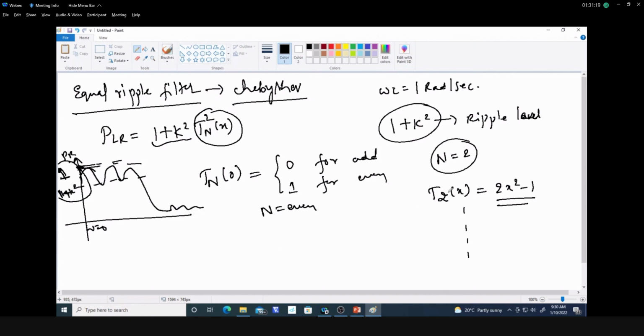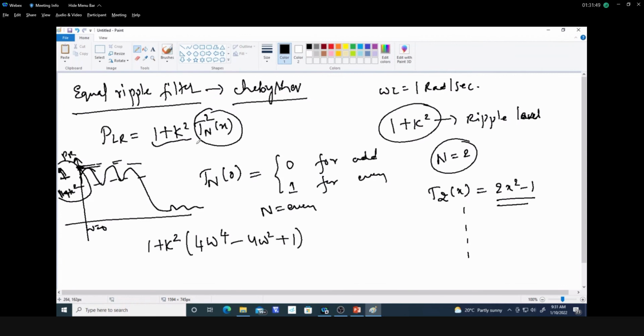You can refer to it: if you just type Chebyshev polynomials, it will give them for different values of n. Now if I put that in and obtain the expression to find the values of L, N and C, we get 1 plus k square. We need to substitute that, and we get 4 omega power 4 minus 4 omega square plus 1.